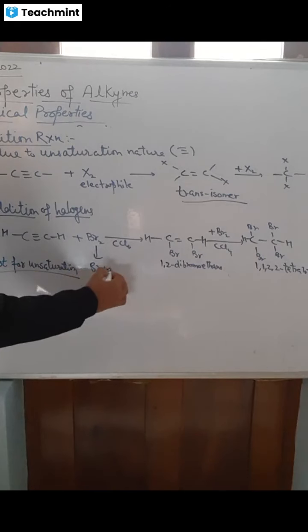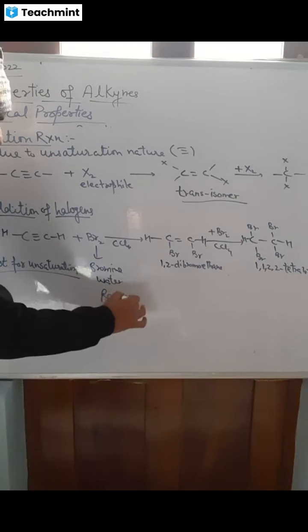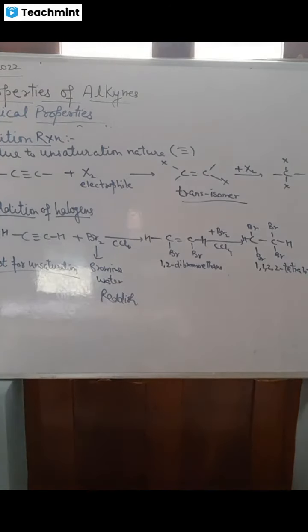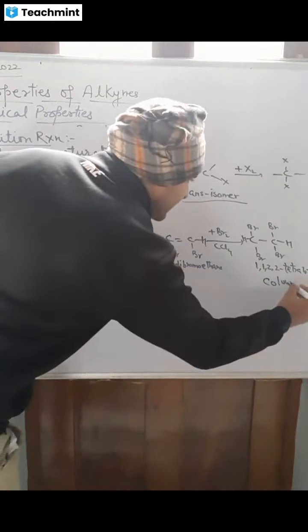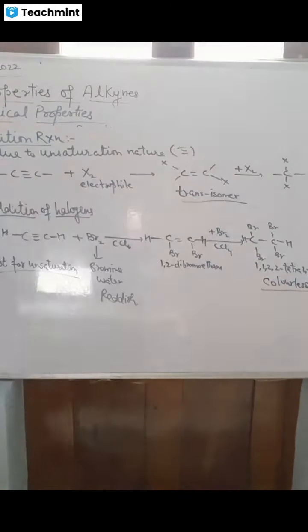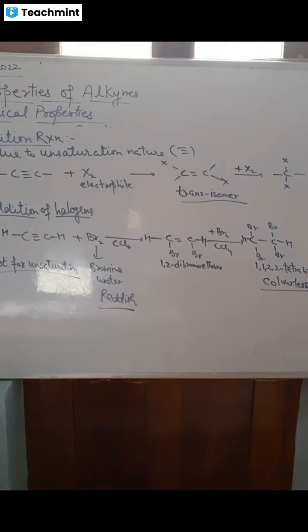Its color is reddish. When any compound with a double bond or a triple bond is added to bromine water, it changes to colorless, from red to colorless, which indicates that there may be a double bond or a triple bond in the compound. So any unsaturated compound can give the bromine test for unsaturation.